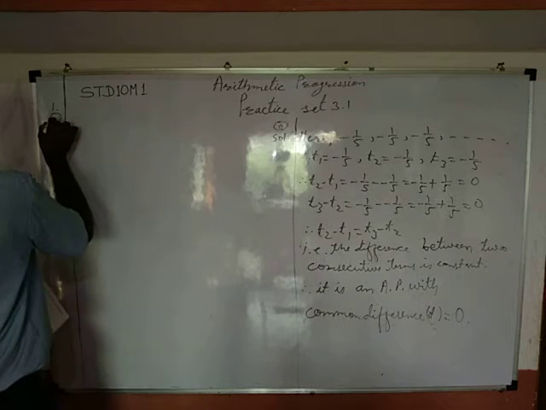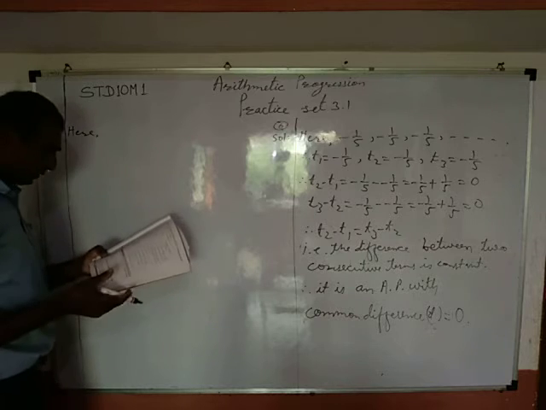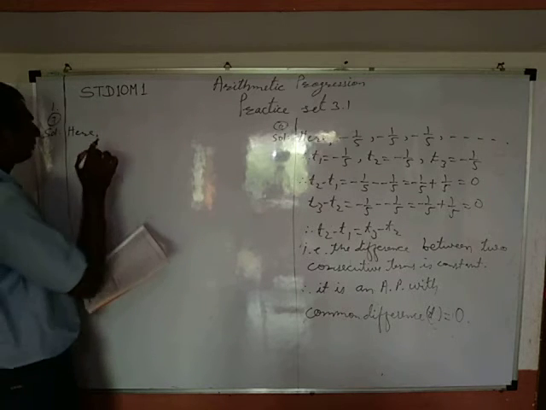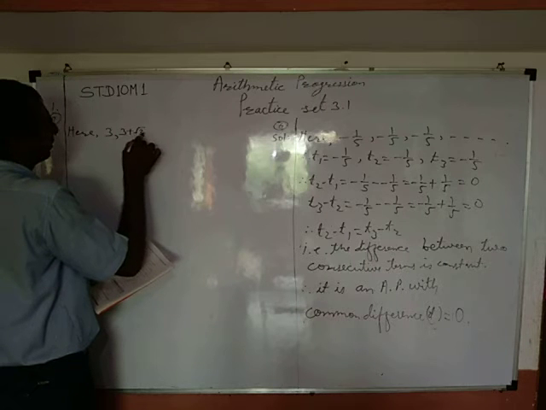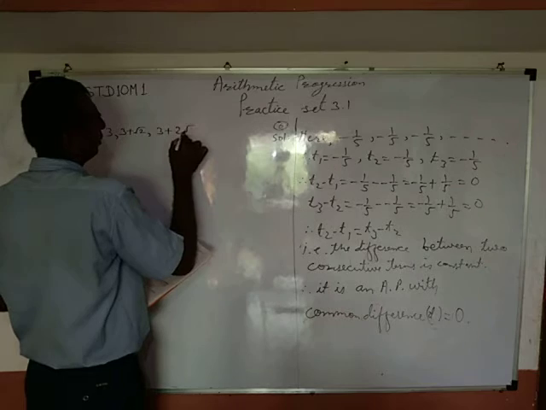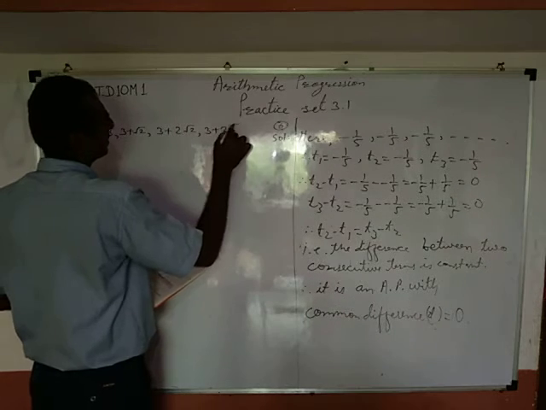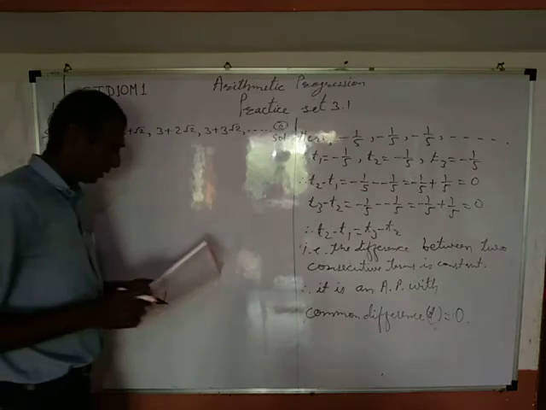Question 7th. Solution. Here, the given sequence is 3, 3 plus root 2, 3 plus 2 root 2, 3 plus 3 root 2, and so on.